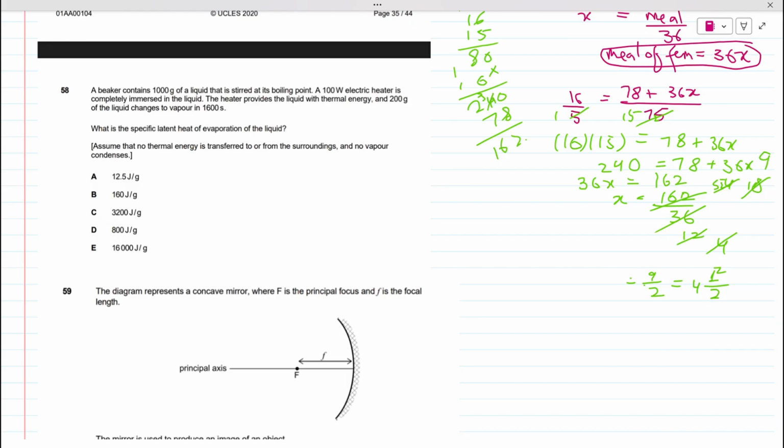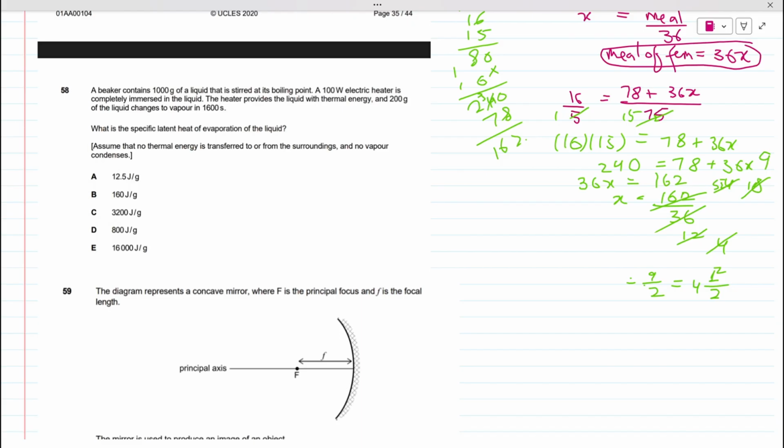Latent heat is basically the heat which is required to change the state of any matter. So if we have to convert that liquid into gaseous state, we are changing the state, right? So whatever energy is required in order to change from liquid to gas would be our latent heat, right?